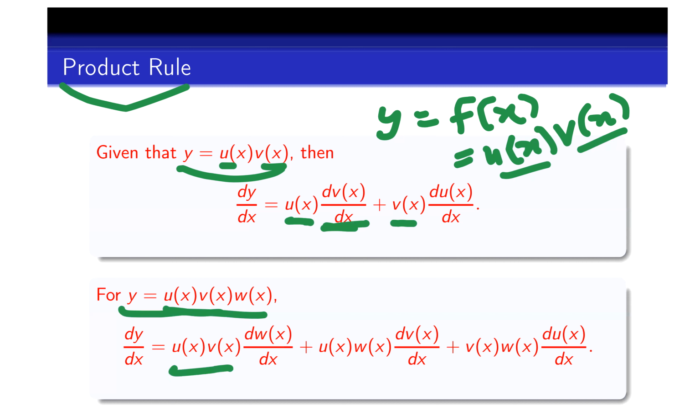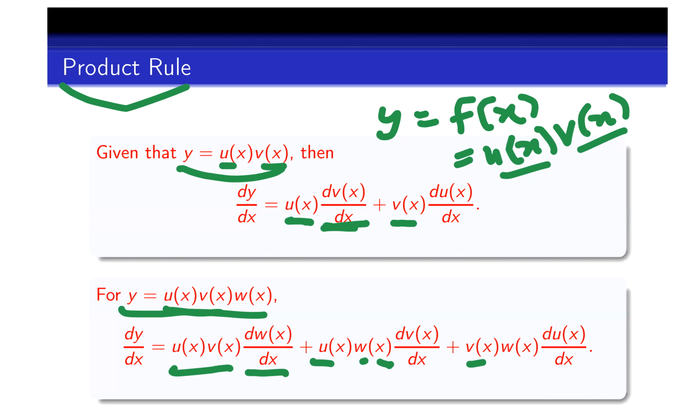Here we have y equals u of x, v of x, w of x. So you take u of x, v of x multiplied by dw of x dx, plus u of x, w of x, dv of x dx, plus v of x, w of x, du of x dx. And you go like that. If you have more than three, say four, you take three and multiply by the derivative of each one in turn. So that is what the product rule is about.